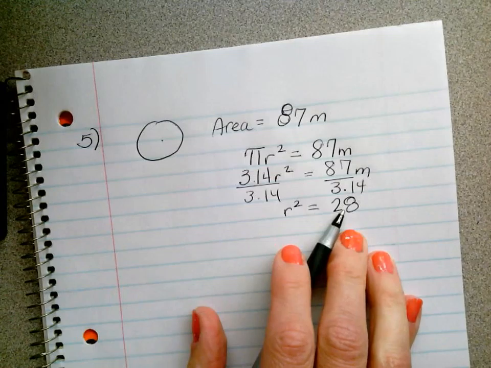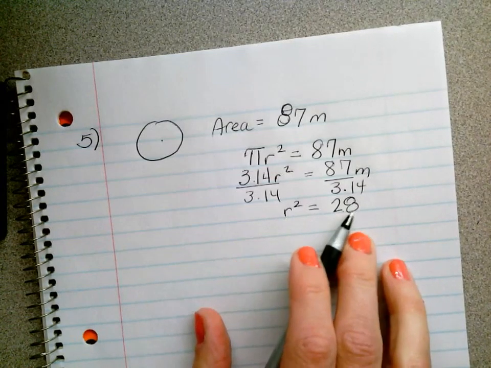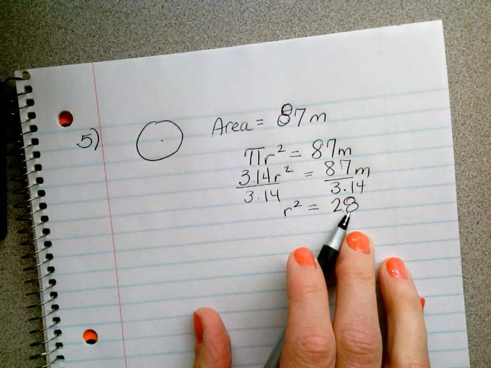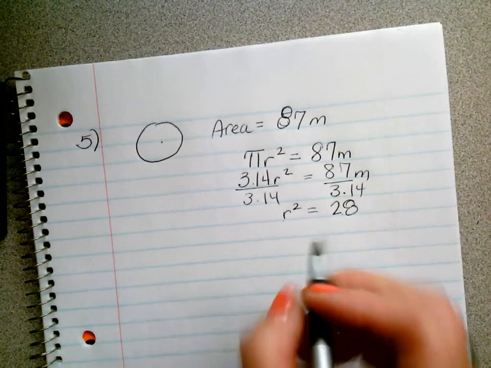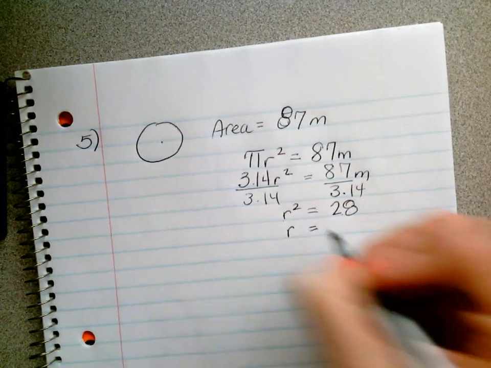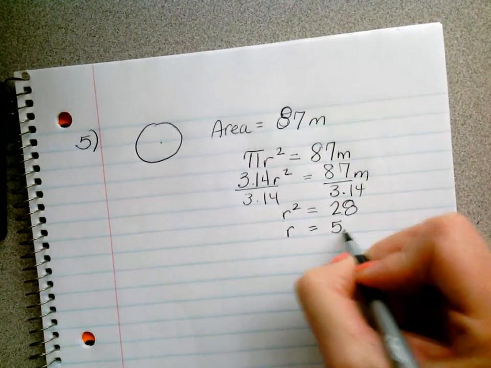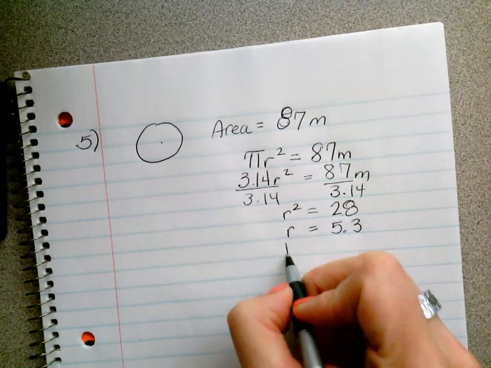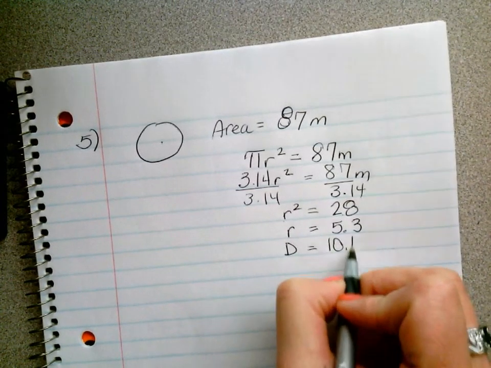I don't want to know what r squared is. I want to know what r is. So find the square root. I got 5.29, so 5.3. The radius is, say, 5.3. We don't want the radius. We want the diameter. So 10.6.